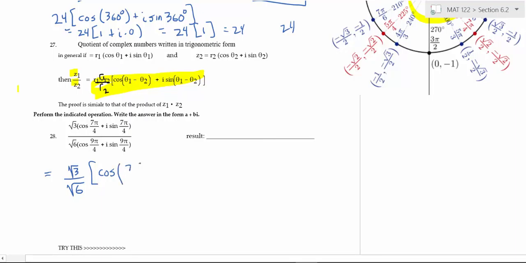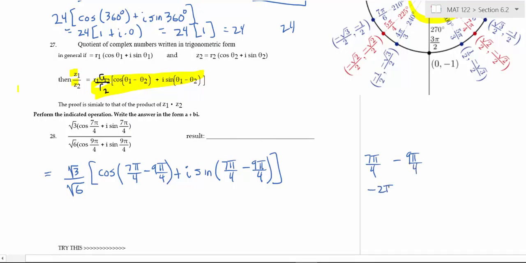So you're going to do the cosine of 7 pi over 4 minus 9 pi over 4 plus the imaginary part i times the sine of 7 pi over 4 minus 9 pi over 4, and then crunch everything out. So let's just do that on the side. We got 7 pi over 4 minus 9 pi over 4.